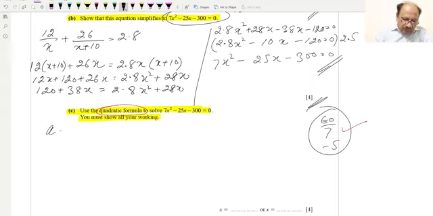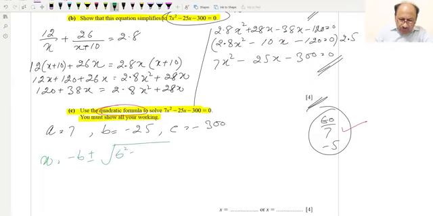The a value is the coefficient of x squared, which is 7, the b value will be minus 25, and the c value will be equal to minus 300. So for the quadratic formula, we know x will be equal to minus b plus or minus the square root of b squared minus 4ac, over 2a.